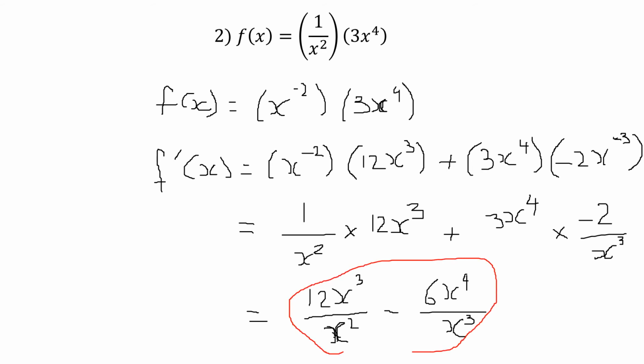So this x here could go into this x squared term, x times, x cubed times. So that will be 12x at the top. Minus, this here could cancel into this here. So that will leave us with 6x.